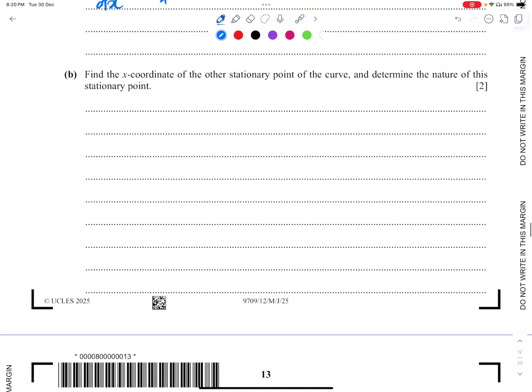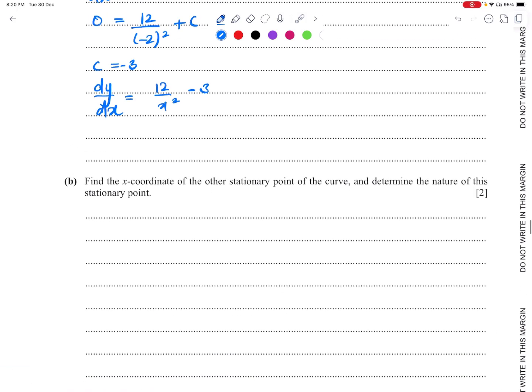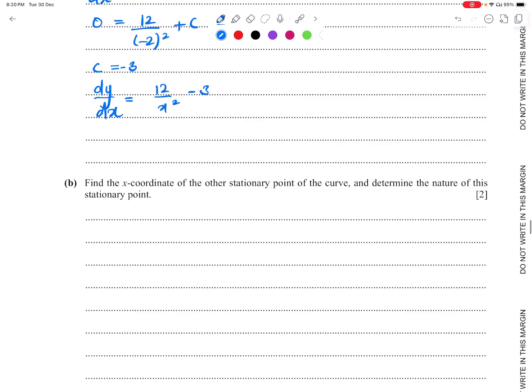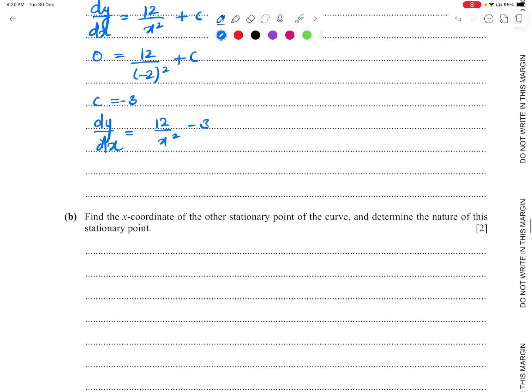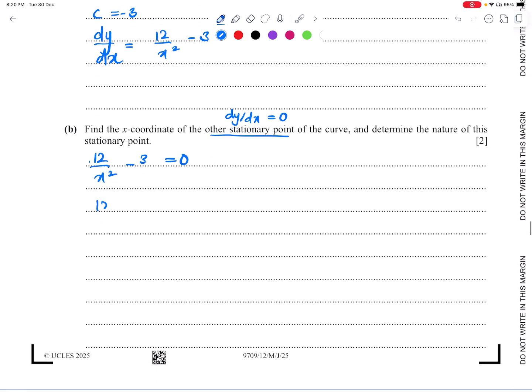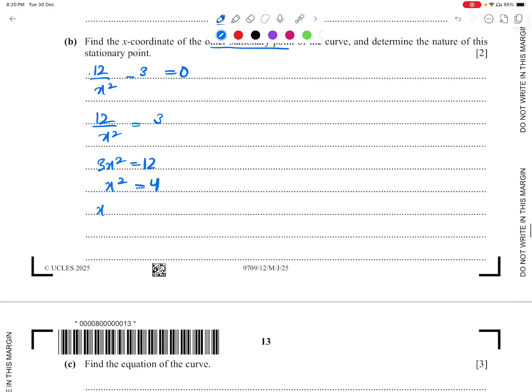Alright, moving on to part B, it says find the x coordinate of the other stationary point of the curve and determine the nature of this stationary point. Now, basically, this is asking you to solve this equation by putting it equal to 0 because at the other stationary point, dy by dx is supposed to be 0. 3x squared is going to be equal to 12, x squared is going to be equal to 4, and x is then going to be equal to plus minus 2.